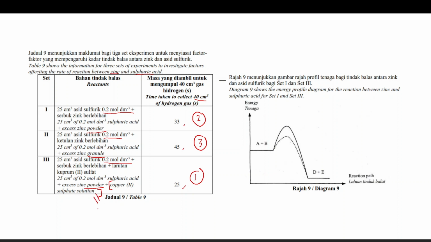We know that this is the catalyst. Okay, so a catalyst lowers the activation energy. In other words, the lower one will be set number 3. So this is set 3, and this is set 1. Okay, so this is the reactants, this is the products.